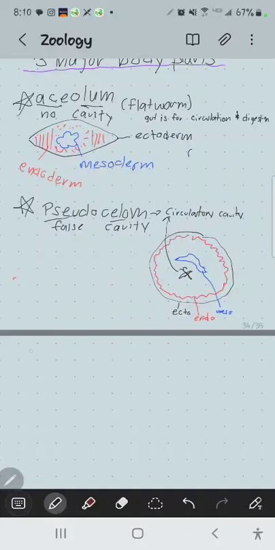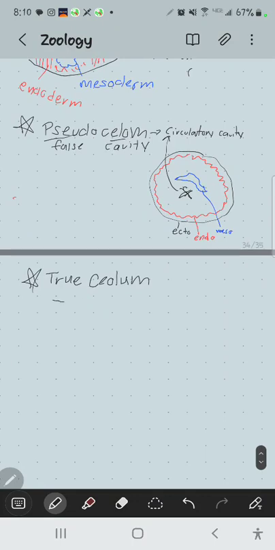Okay, so we have our ectoderm. We have, let's go ahead and do our endoderm here. All right, and the main difference here is the mesoderm lines both sides of the cavity.